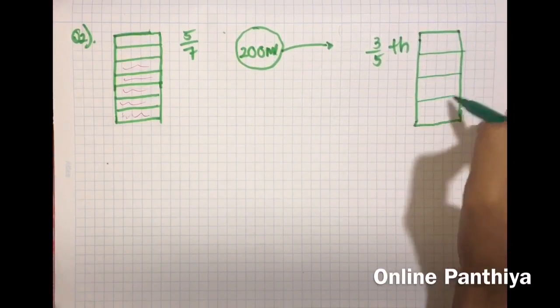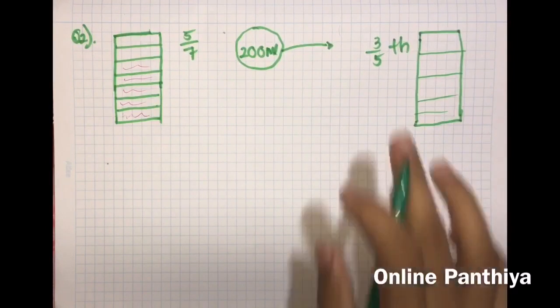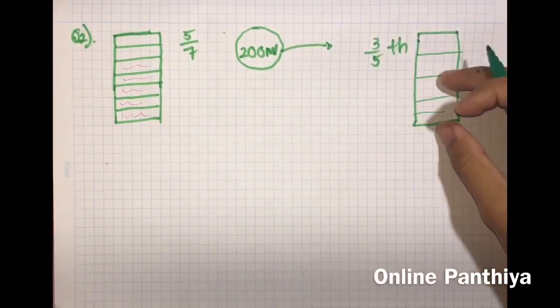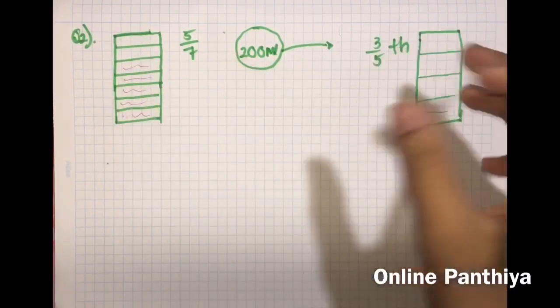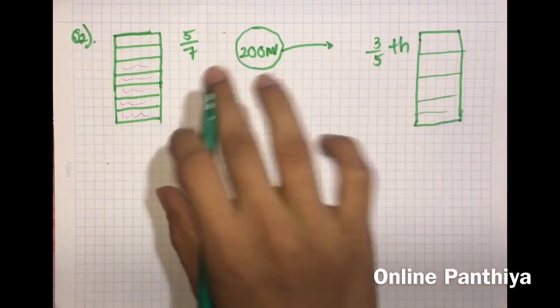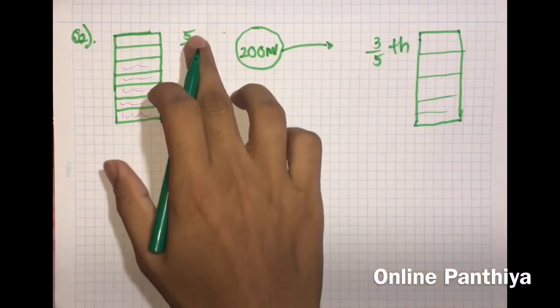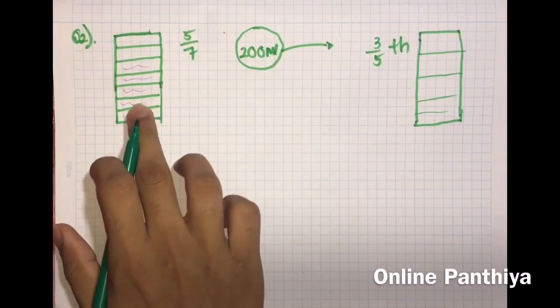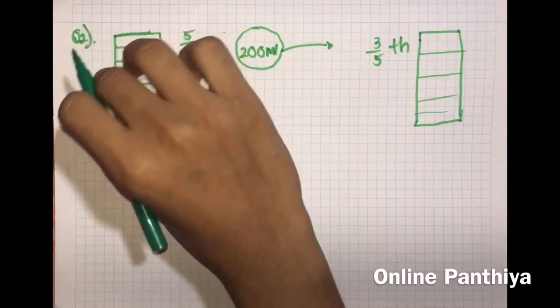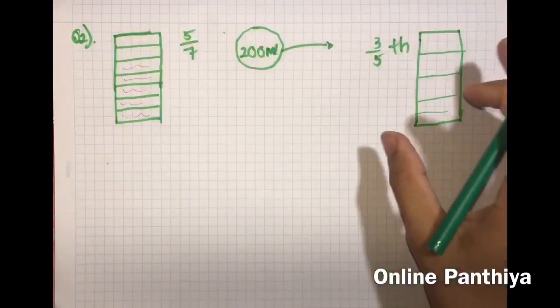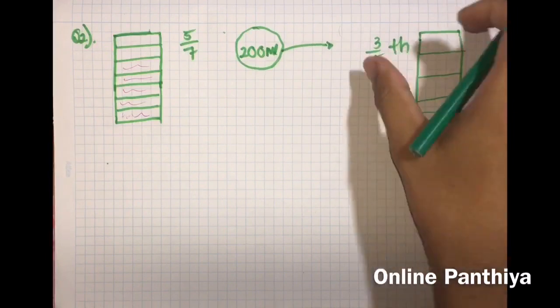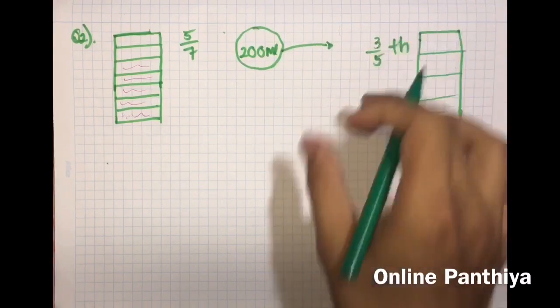Yes, it is divided into 5 parts. Out of that, 3 parts are filled. That means they have given it in some other fraction. The denominator is different. Understand? First 5/7 was filled. Out of that, when 200 millimeters was taken off, the amount remaining, compared with the whole tank, was 3/5.